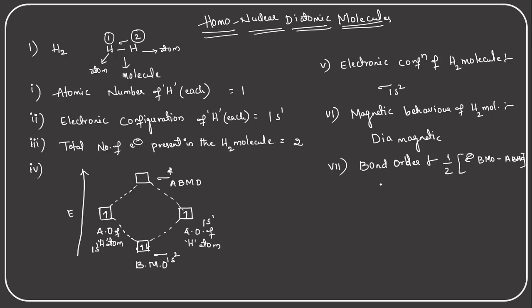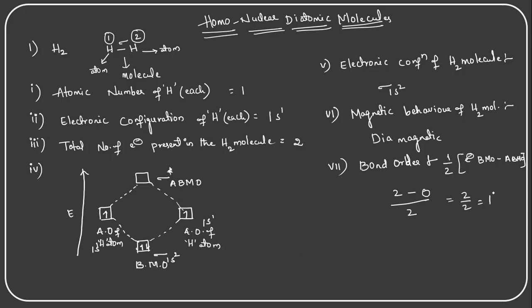So there are only 2 electrons in the bonding molecular orbitals, and in the anti-bonding molecular orbitals there are no electrons, divided by 2. So 2 minus 0 is 2, and 2 divided by 2 gives 1.